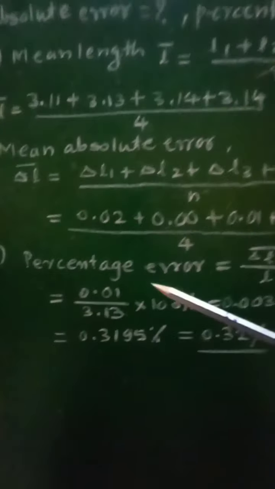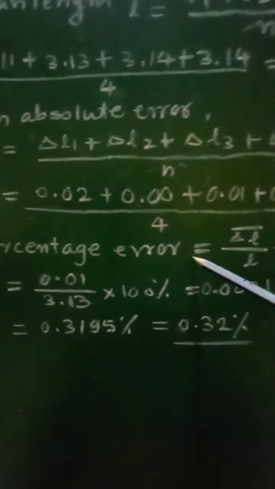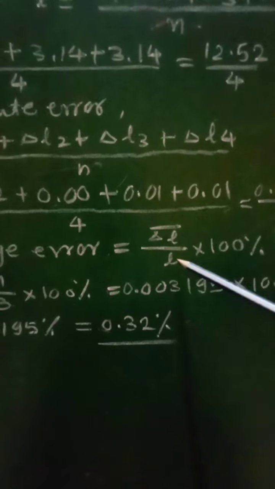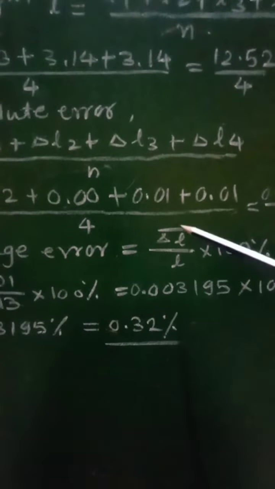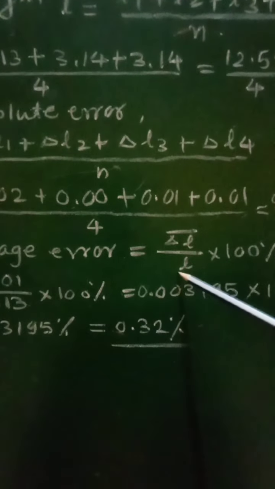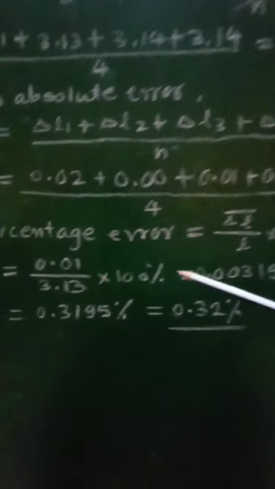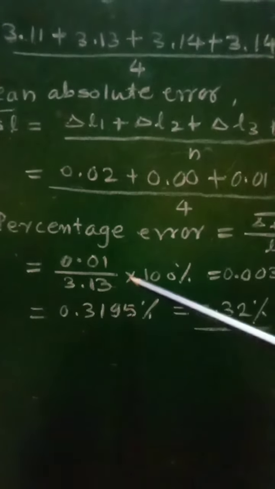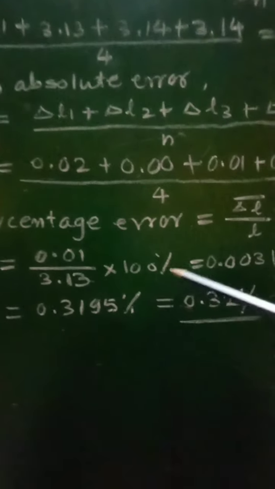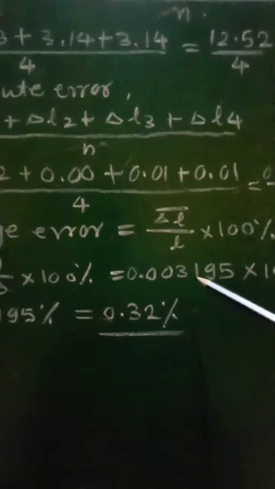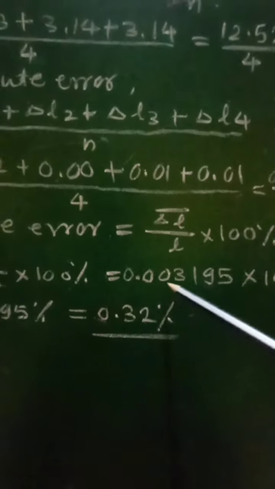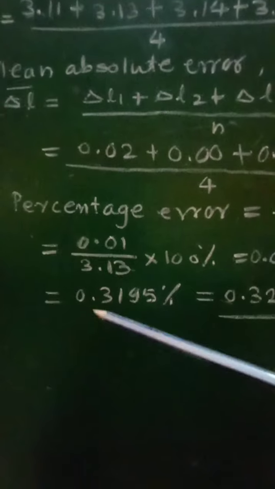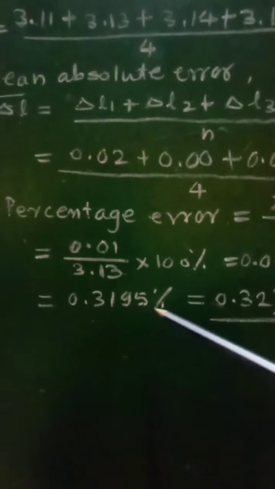Hence we can find the percentage error, that is delta L upon L into 100%, that is mean absolute error upon mean value into 100%. Putting the values we will get 0.01 upon 3.13 into 100%, which comes out to be 0.003195 into 100%, which will be equal to 0.3195%.